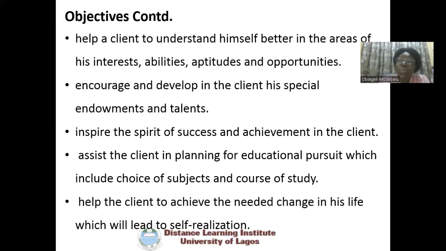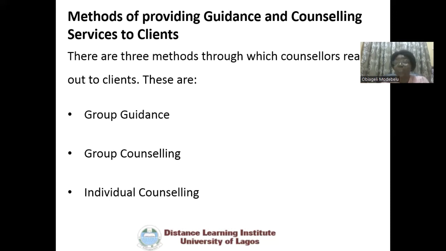So when they come to you as a counselor, you look at the information you have about them and guide them and provide them information and assistance that will help them to pick the right subject combination for the right course of study. It also helps the client to achieve the needed change in his or her life, which will lead him to self-realization. So these are some of the objectives of counseling.